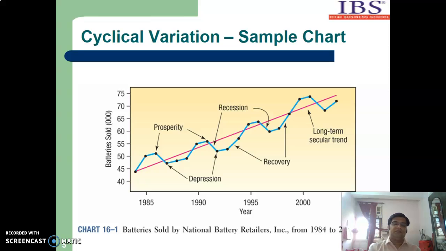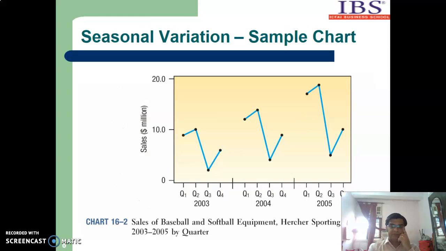Now this is a chart. You can see that almost every 5 years there is a prosperity, there is a depression, and then there is a recession and so on. This is the battery sales data of a retailer. It is going high and it's going low at different parts at different years.